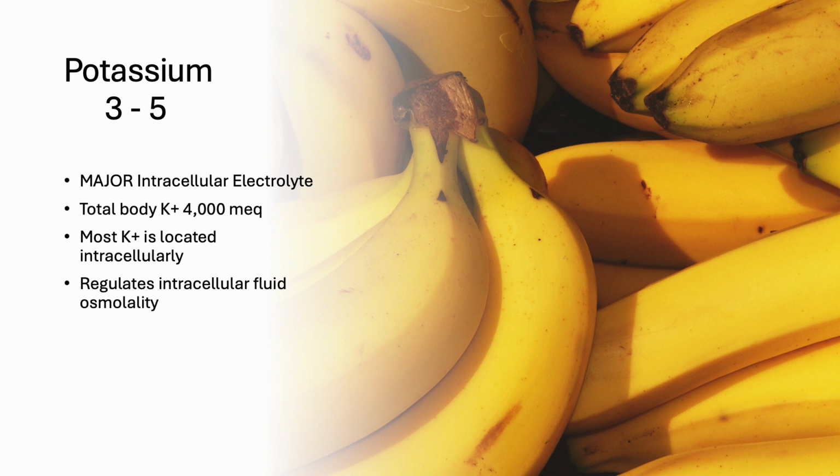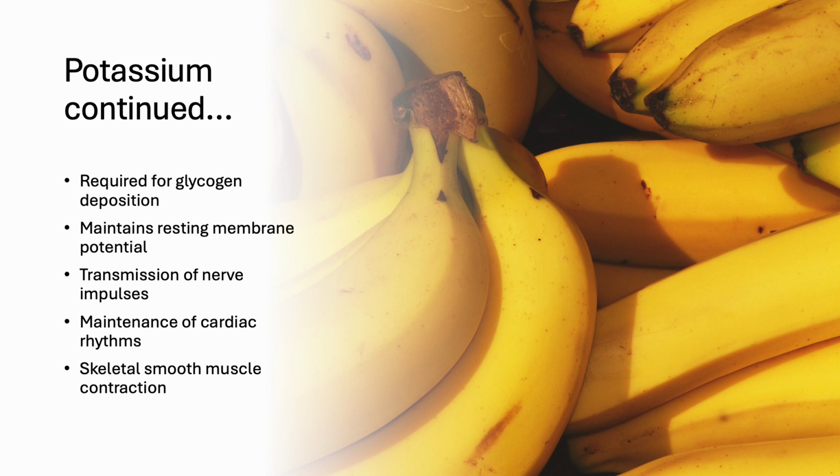So although potassium is the major intracellular electrolyte, the values that we recall regarding potassium levels being 3 to 5 are indicative of the extracellular concentration of potassium. As the predominant intracellular ion, potassium regulates intracellular fluid osmolality and provides the balance for intracellular electrical neutrality.